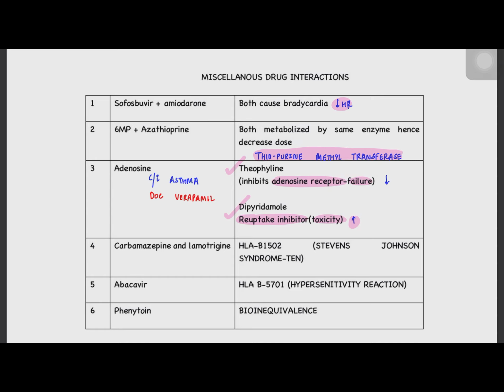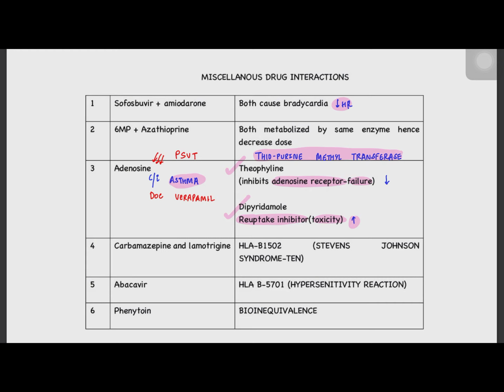Adenosine, as you know, is classically indicated in treatment of PSVT after your vagal maneuvers. So it is the drug of choice for PSVT. But adenosine causes bronchospasm, so we avoid it in asthma and COPD patients. And as you know, patients who have asthma or COPD could also be on theophylline.